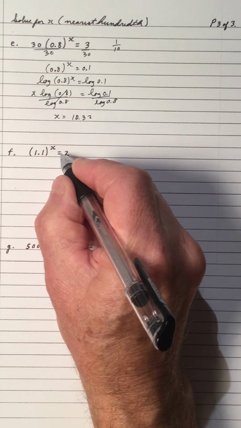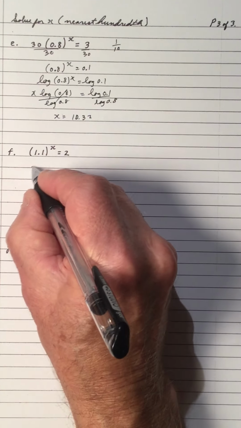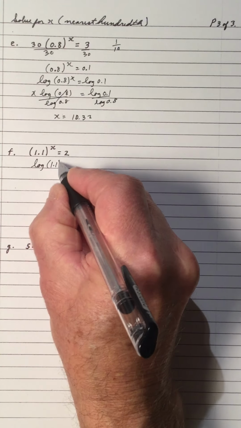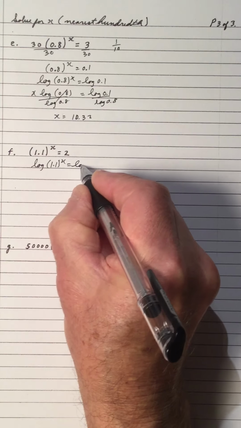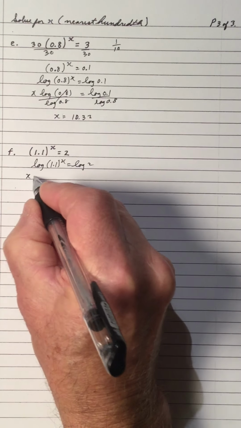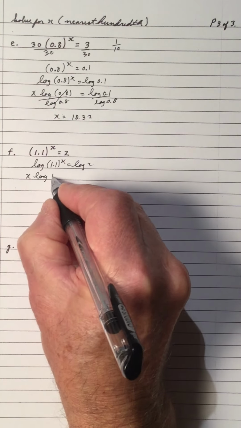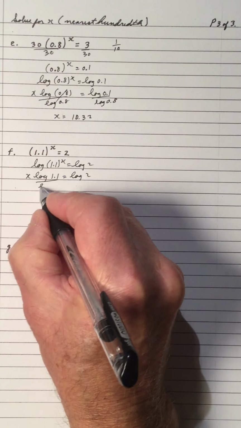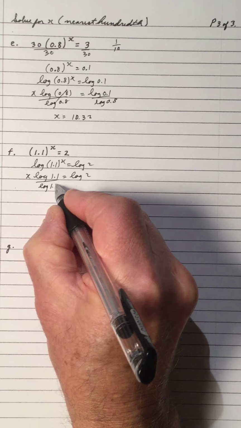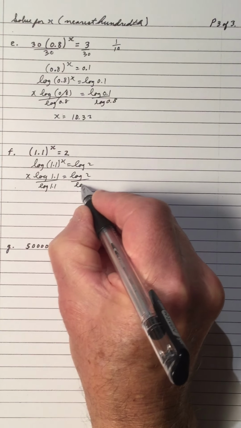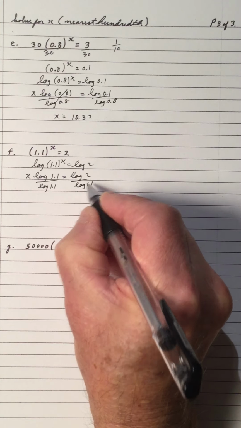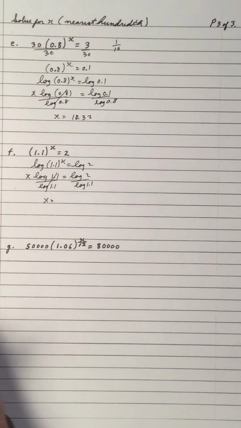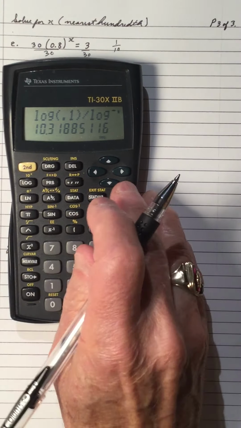So let's see, we'll do the log of each side. And the x goes in front because of the power rule. And we'll divide by the log of 1.1. They cancel, so x is equal to the log of 2 divided by the log of 1.1.